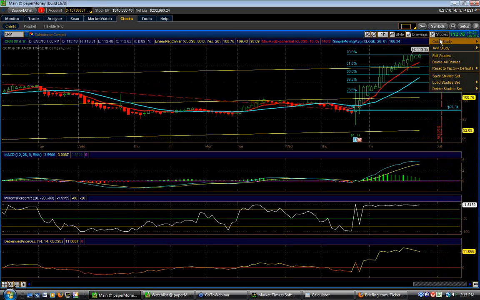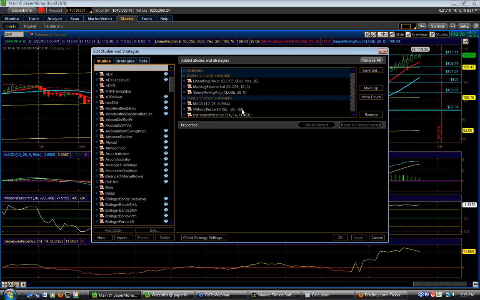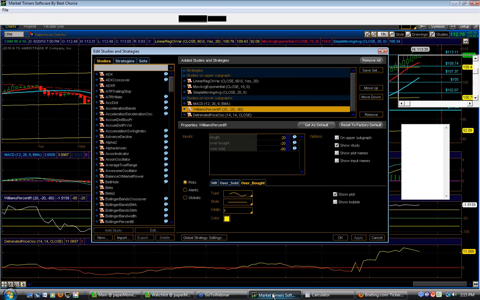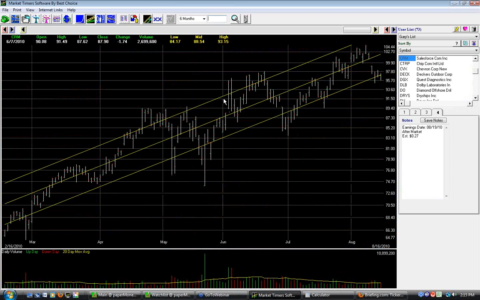So when I added that Williams percent R study, first of all, I put the oversold at yellow and the overbought at yellow. Defaultly, it's not. It's red. I like these colors only because they just jump out at me. By the way, it's the same colors I've hardwired my brain on to see these in best choice.